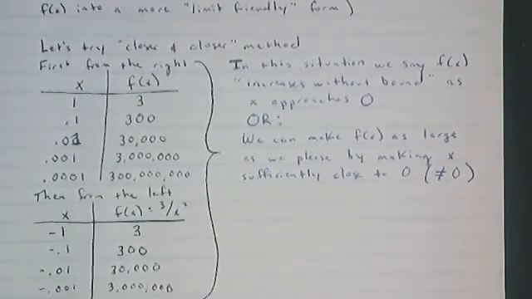But say you want 300 million is not enough, you want 300 trillion. There is a number close enough, if we go close enough to 0, that will give us that function value.